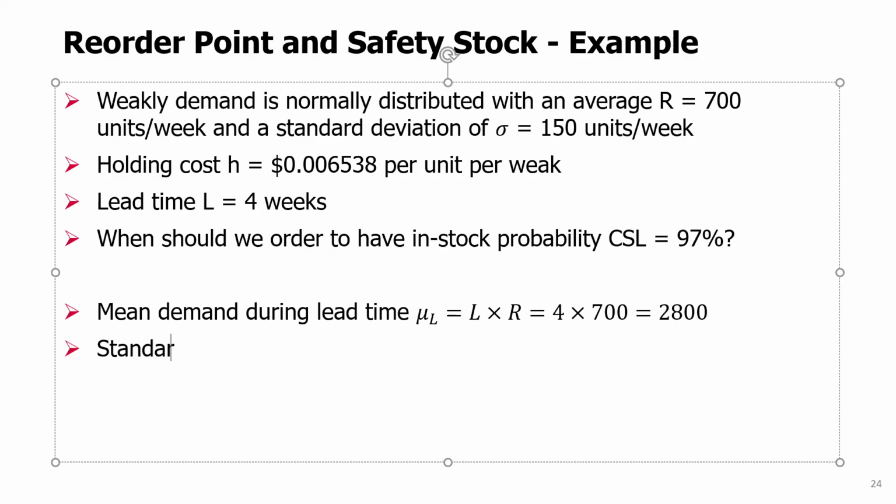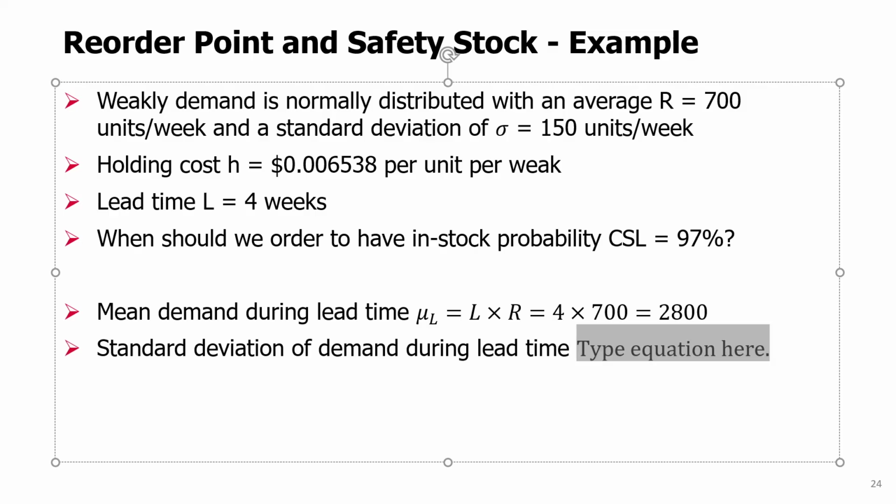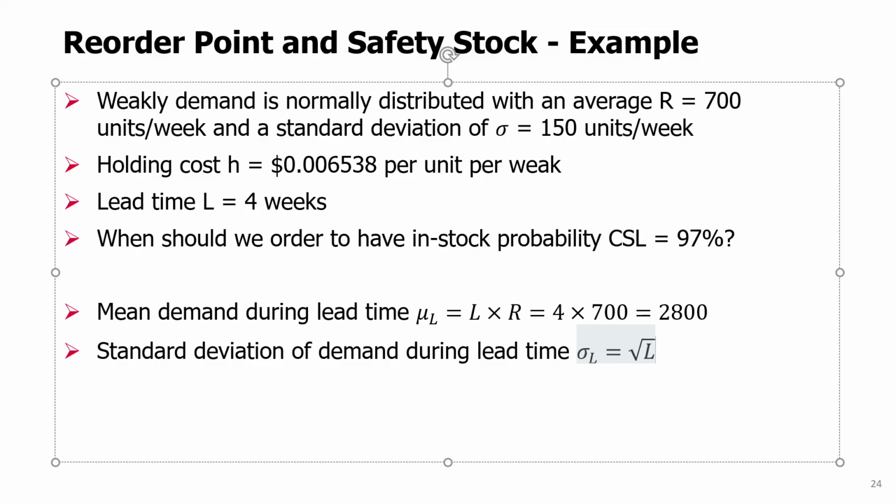Now standard deviation of demand during lead time, which is the other value that we need, is sigma L, right? Now this is also related to the sigma per week. However, we have to somehow aggregate 4 weeks of random demand, and if we assume the demand in each week is independent from any other week, then the formula to be used here is square root of lead time times sigma.